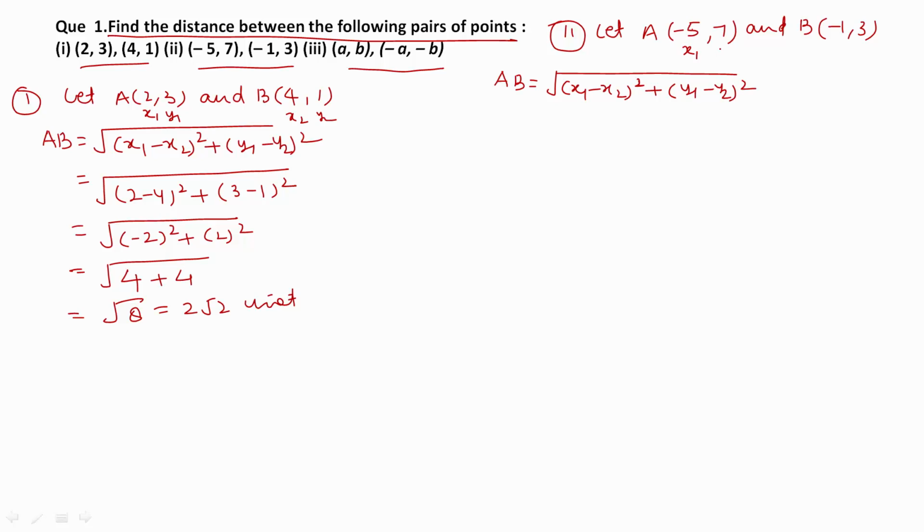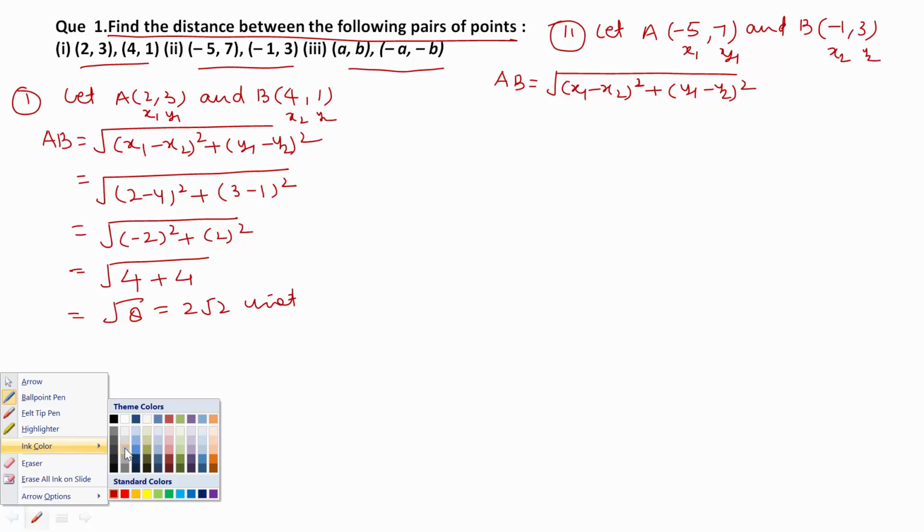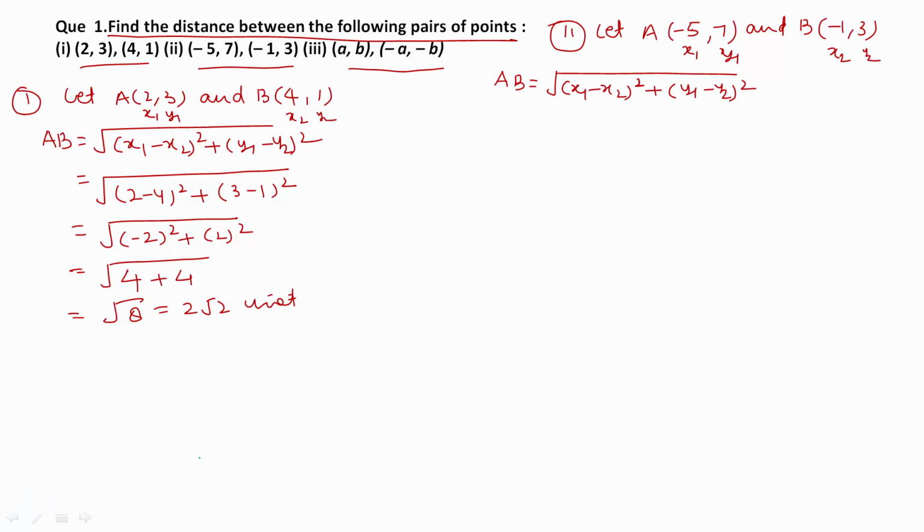This is your point x1 y1 and this is your point x2 y2. So put all the values of x1 y1 x2 y2. So this will be equal to under root minus 5 minus minus 1, that is minus 5 plus 1 whole square, plus y1 minus y2, 7 minus 3 whole square.